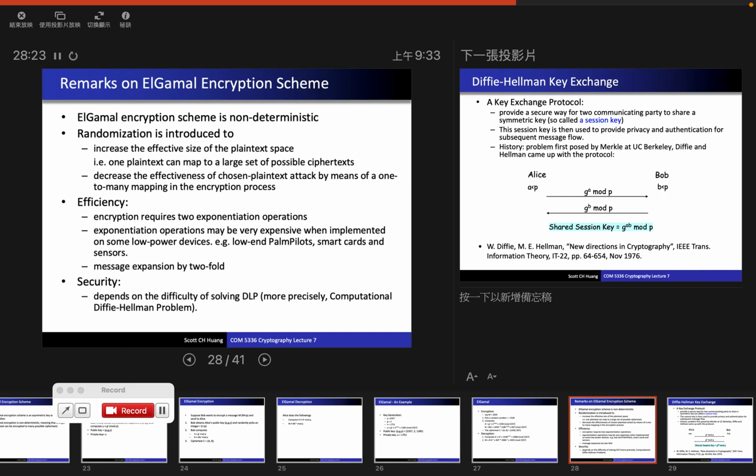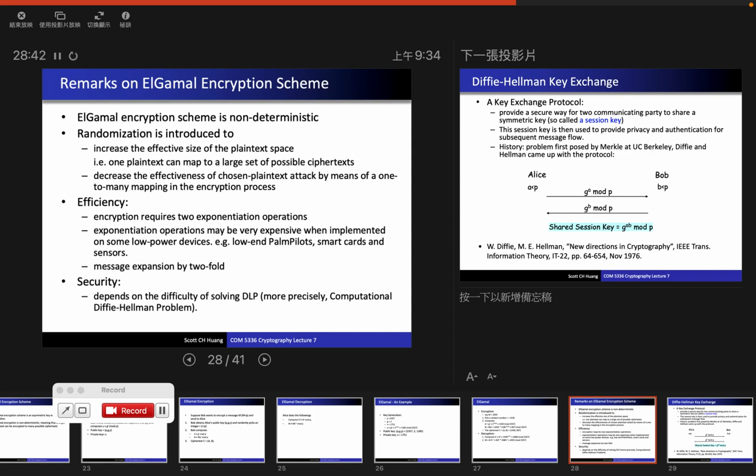The important property is that the encryption scheme is non-deterministic, because it involves a random number in the middle of the algorithm. So that is always a good thing.